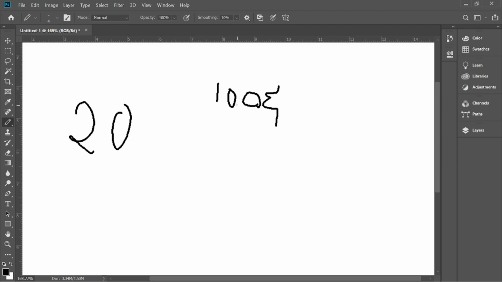So 100 divided by 20, you are going to get 5. So 20 times $5 is going to give you $100, which means that your lot size would be 0.5. Now, why will your lot size be 0.5? Because 0.1 is equal to $1, like I said.